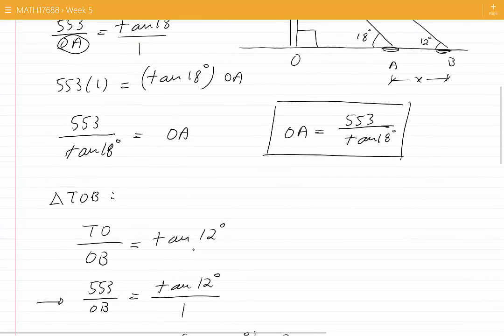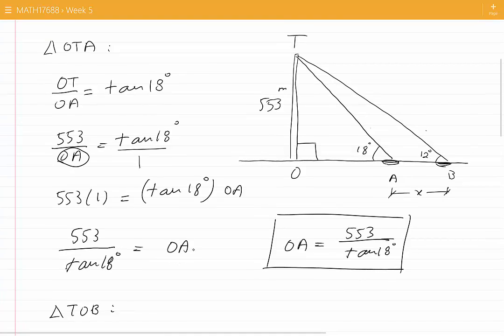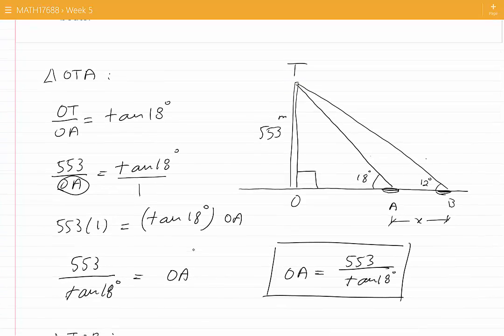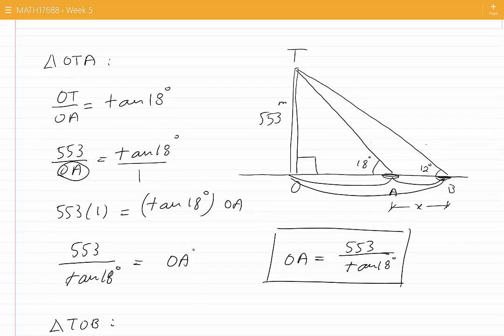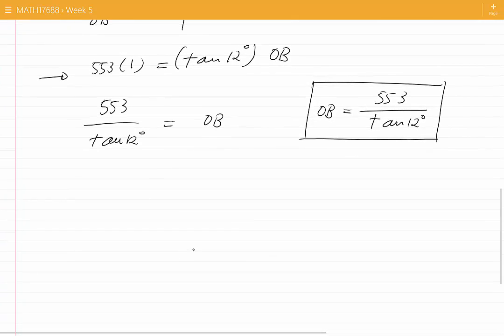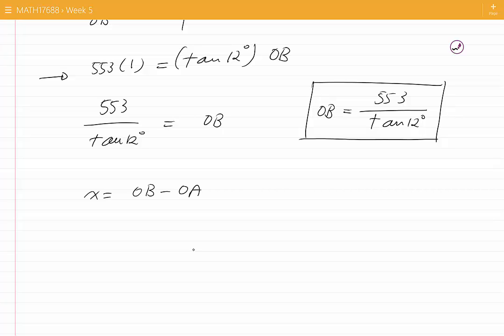The reason we calculated OA and OB can be seen from the illustration. We note that if we subtract OA from OB, we are left with the distance that we are looking for, which is x. Therefore, we can write x is equal to OB minus OA, which is 553 divided by tangent of 12 degrees minus 553 divided by tangent of 18 degrees.